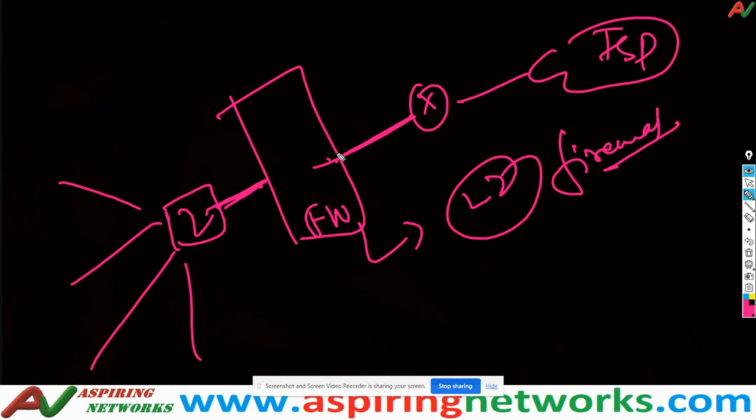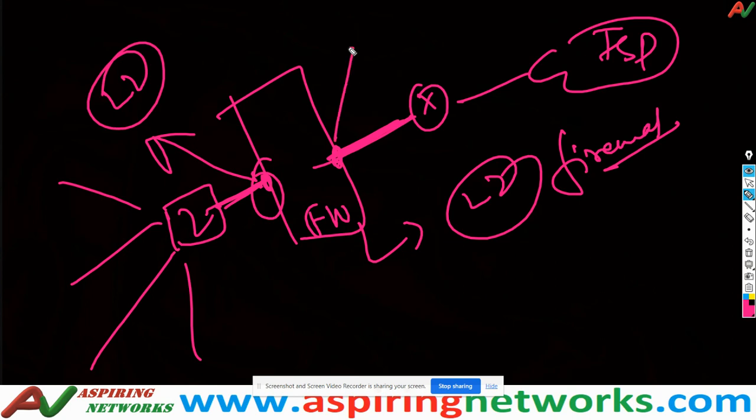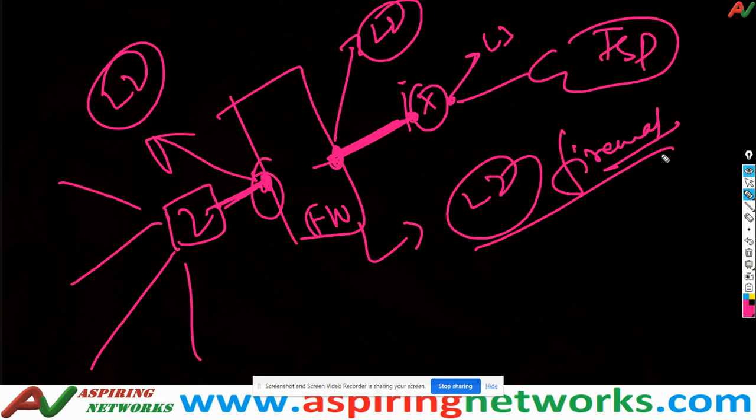Because we have not assigned any IP address, and we have considered these ports as L2 ports, but the router has L3 ports, while this firewall has L2 ports, right? So it can be an L2 firewall or an L3 firewall. Your transparent firewall can be an L2 firewall or an L3 firewall, and both interfaces can be in the same subnet, right?